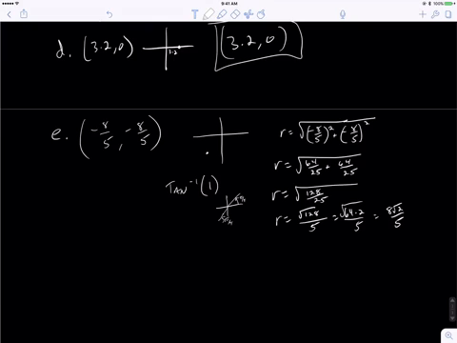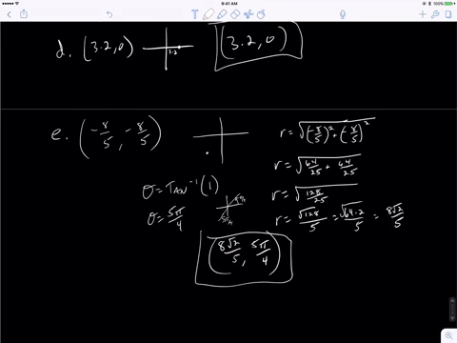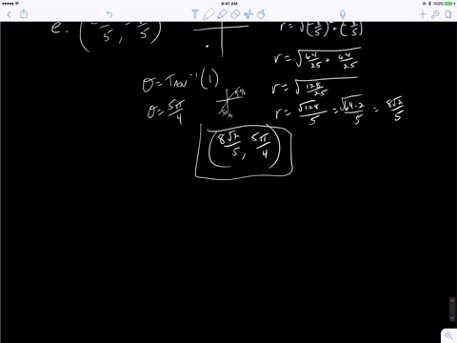So 5 pi over 4 is our winner. So it's (8 root 2 over 5, 5 pi over 4). And that's in polar. Then F is (0, -7). So that length there is 7. And that angle is 3 pi over 2.